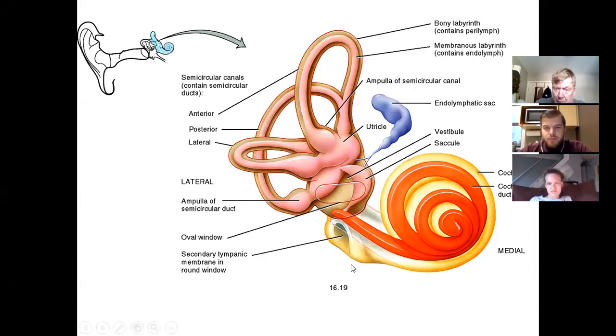So bony labyrinth goes from here to here, and that's the main tunnel dug in the bone. And then the membranous labyrinth is the snaked hose that I'm sliding into the tunnel. It's smaller than the bony labyrinth, narrower, but it contains an opposite fluid.